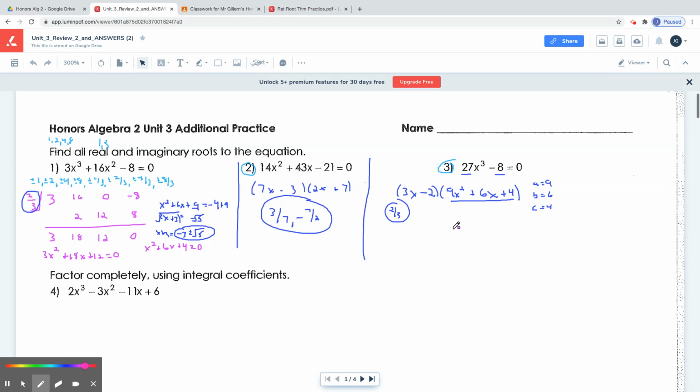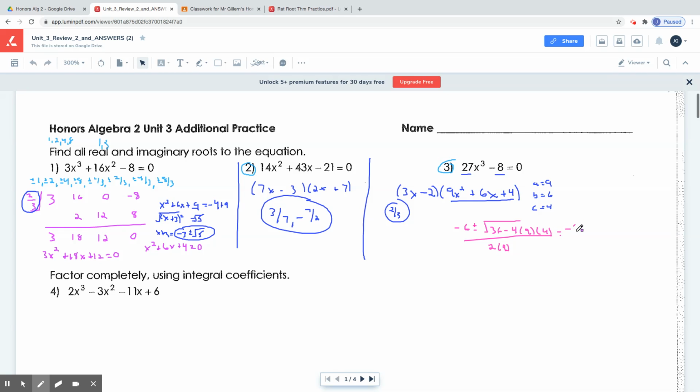So we have negative b plus or minus the square root of b squared minus 4ac, all over 2a.